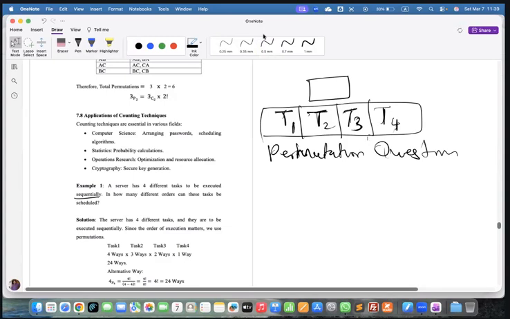That is the repetition. It means the same task T1, let's say first we complete the first task, and again we provide the first task. That is the worst case, there is no meaning. If you complete task 1 and again we give task 1, it is meaningless. That is resource wastage for the server.